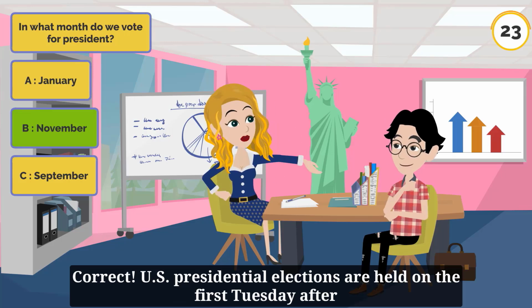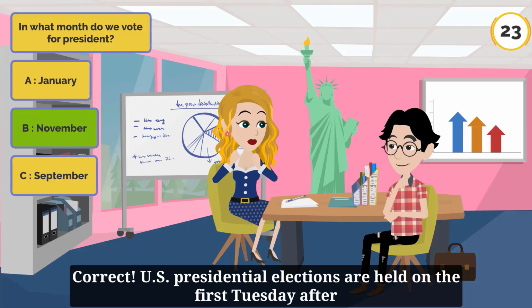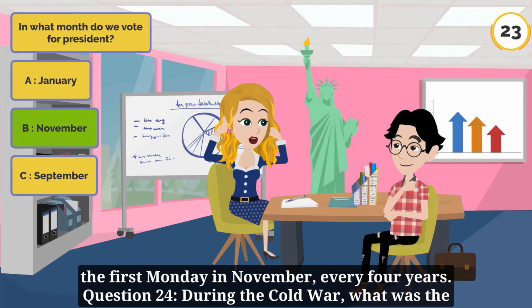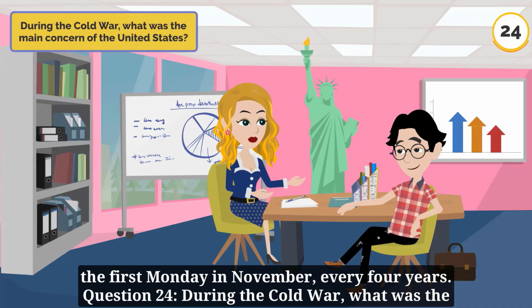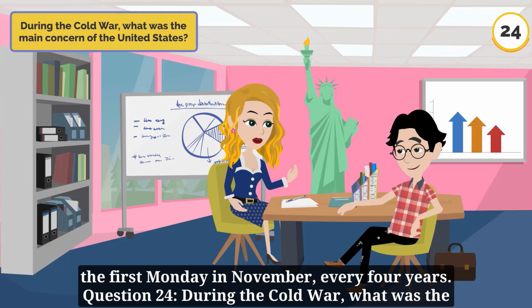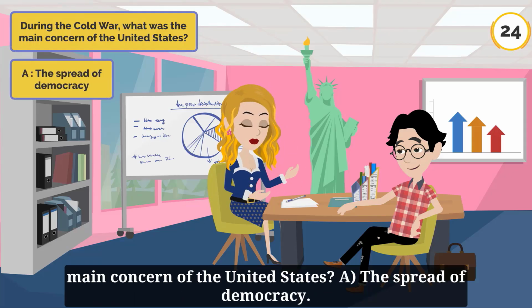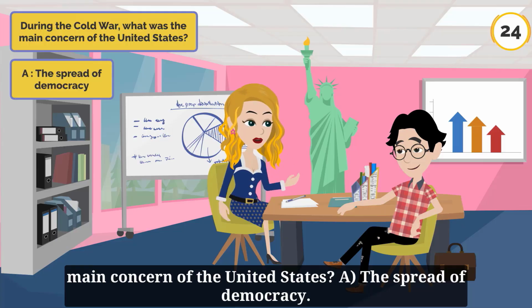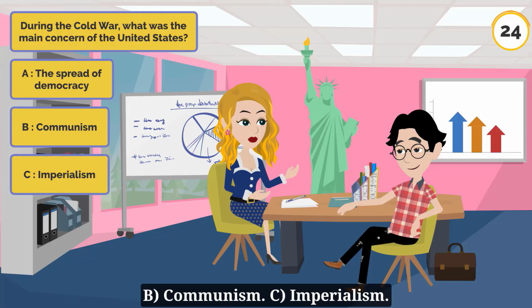Correct. U.S. presidential elections are held on the first Tuesday after the first Monday in November, every 4 years. Question 24. During the Cold War, what was the main concern of the United States? A. The spread of democracy. B. Communism.